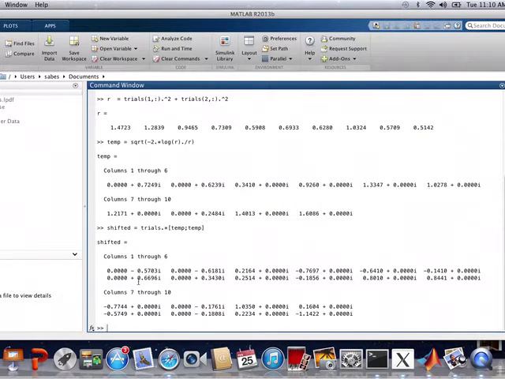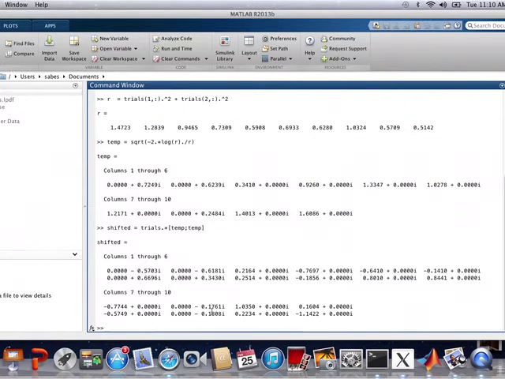So here we have the shifted matrix, and as asked, we are interested in the cases which are completely real, meaning which do not have this imaginary part.